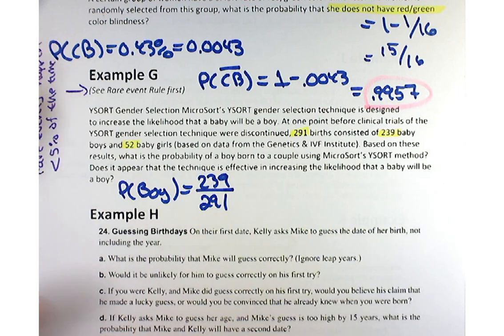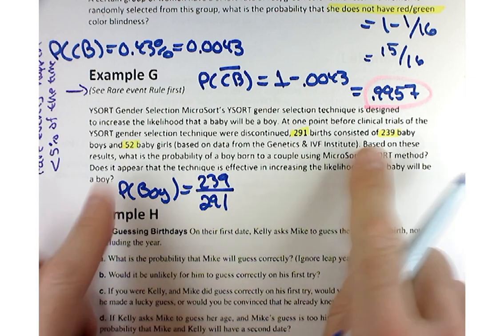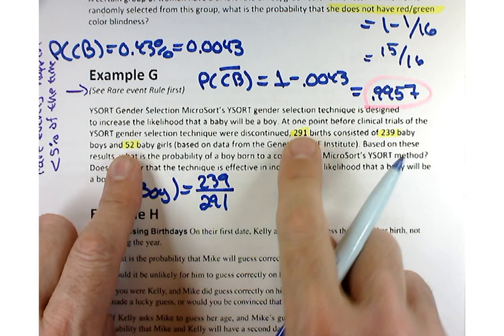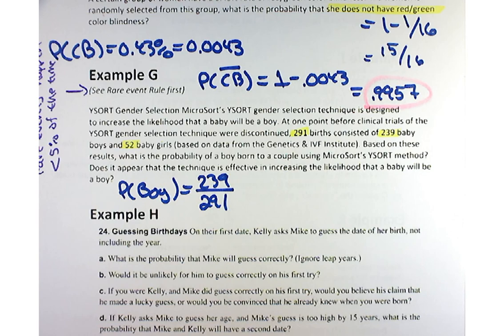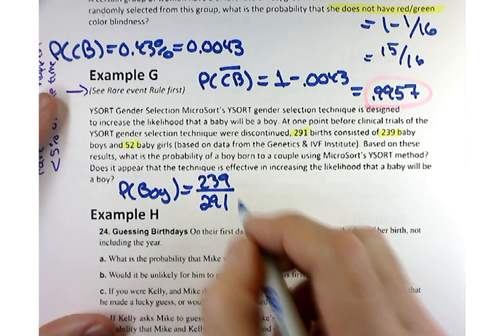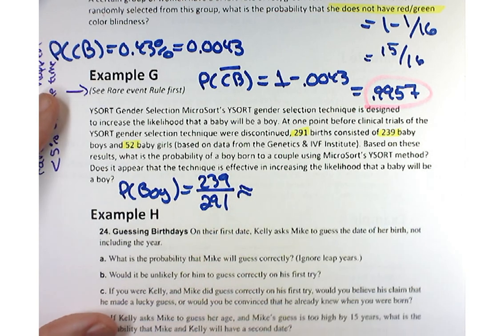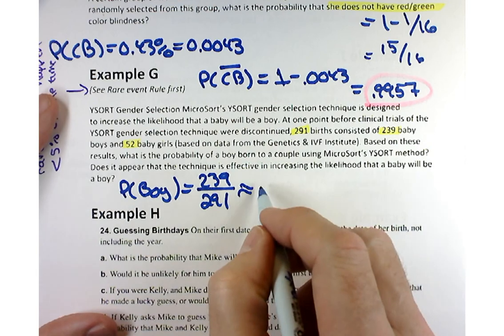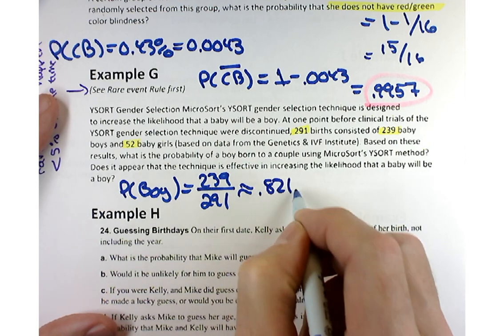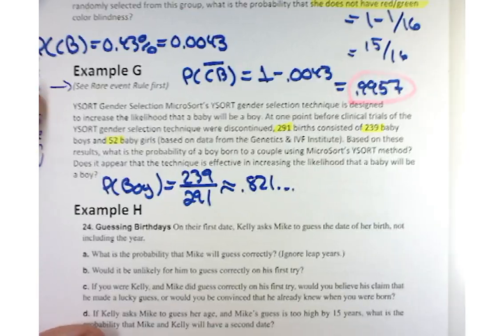Do we agree with that? Yeah. We did notice we didn't have to add things together, since even though they gave us both numbers, they already gave us the sum for the denominator. If you take out your calculator, that's about 82.1%. So, what do you think? Was it effective?